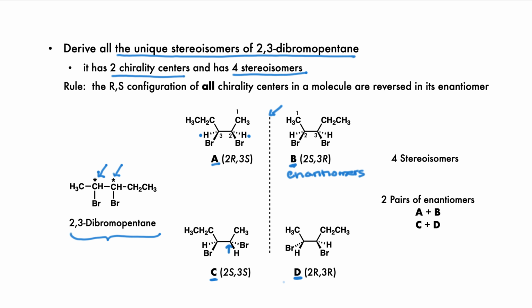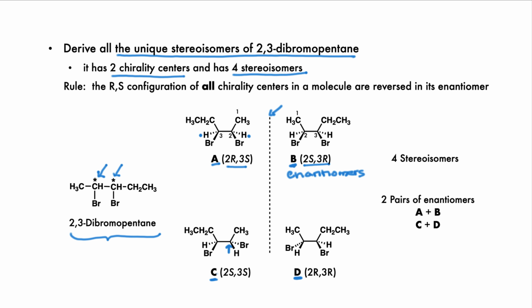You could assign the RS configurations of all of the chirality centers. This is not usually necessary, but let's talk about the configurations briefly. If you have drawn the stereoisomers correctly, you should get all 4 permutations. A is 2R3S, and its enantiomer B is 2S3R.